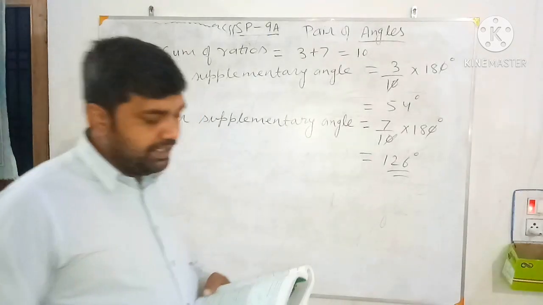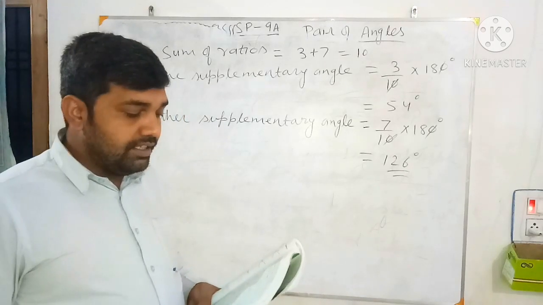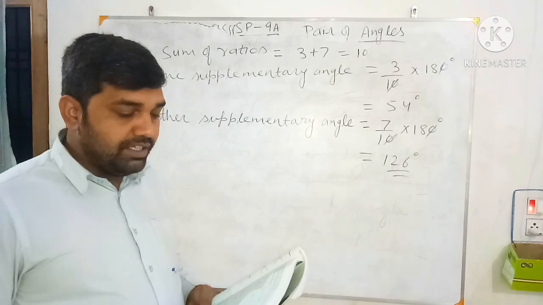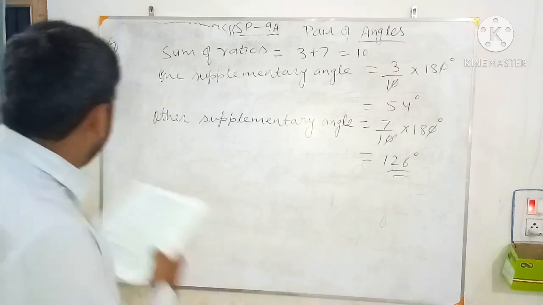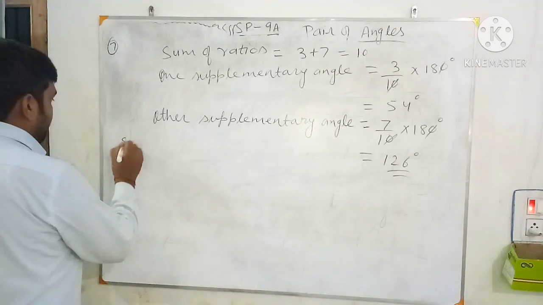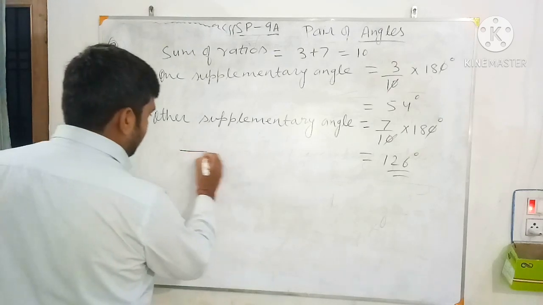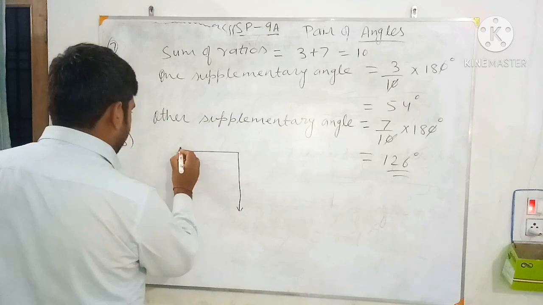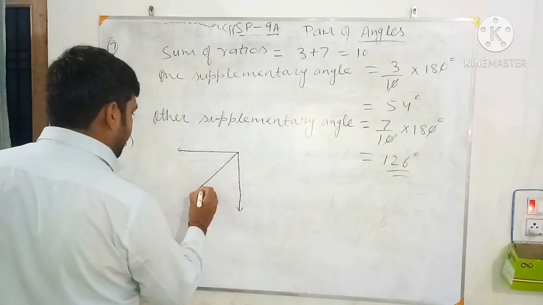Now see question number 8. Tell whether the angles are only adjacent, or form a linear pair and are not adjacent. According to the given figure, first we draw the figure, then we give the answer. So the figure is like this.